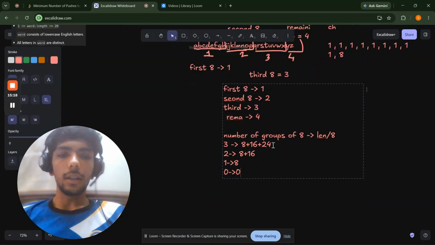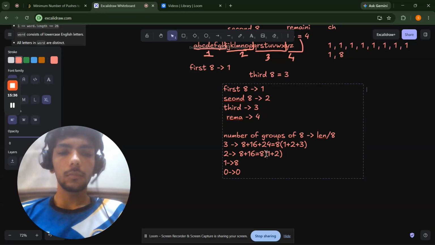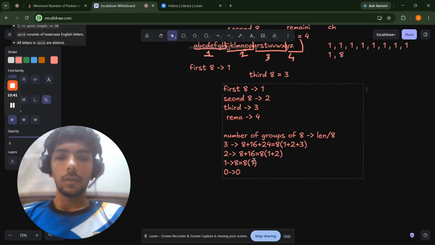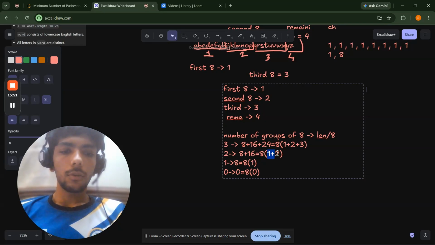So you can see that this is nothing but 8 into 1, 8 into 2, 8 multiplied by 1 plus 2 plus 3.